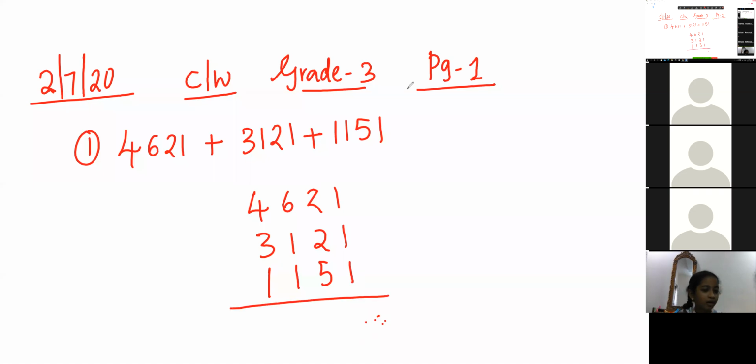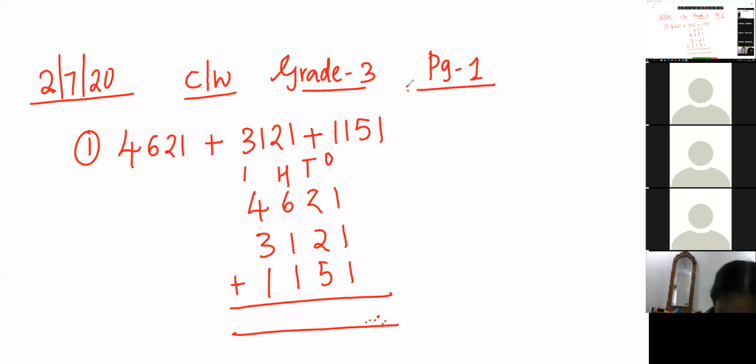If you look at these three numbers, the digits have been placed under their proper places, right? Let us start adding now. See, where does the ones place start? From here onwards. This is the ones place, this is the tens place, this is the hundreds place, and this is the thousands place.